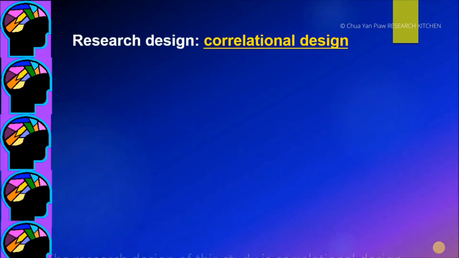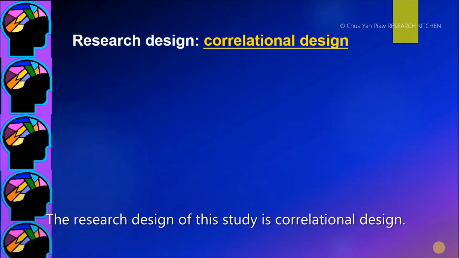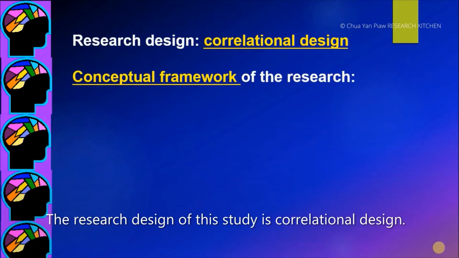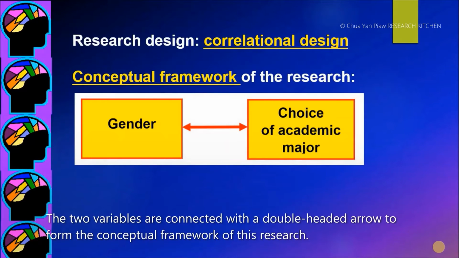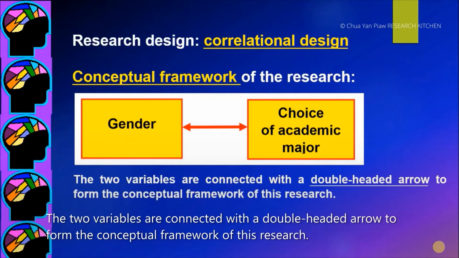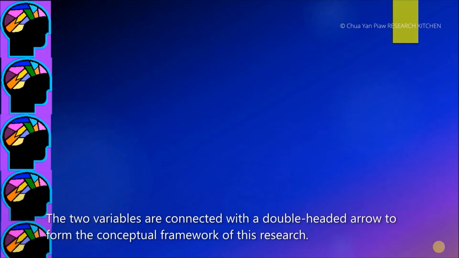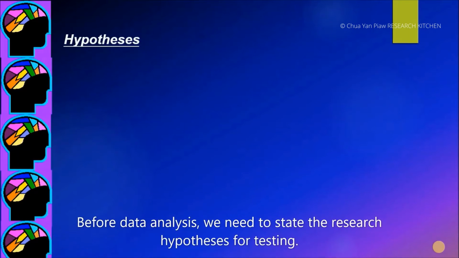The research design of this study is correlational design. The two variables are connected with a double-headed arrow to form the conceptual framework of this research. Before data analysis, we need to state the research hypothesis for testing.